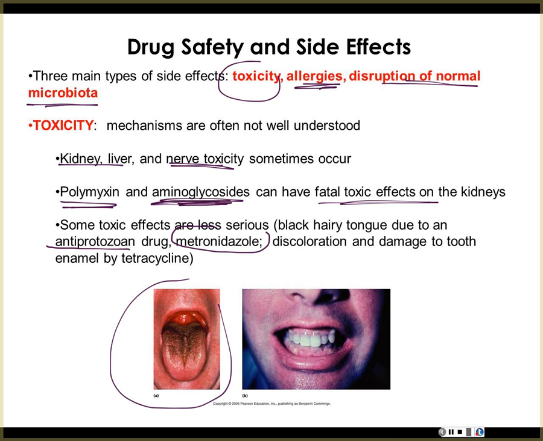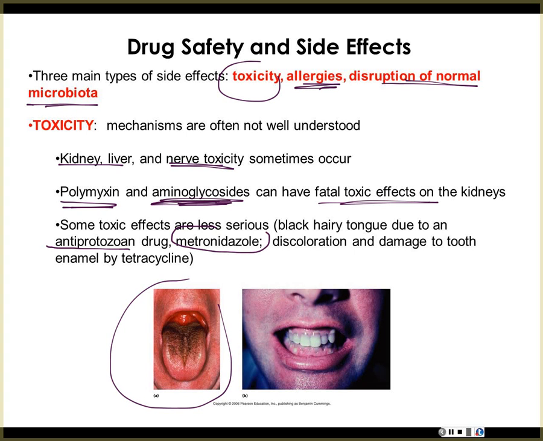And I finally remembered last semester to look up what is causing the black hairy tongue. And what it is, the little bumps on your tongue, those are called the papillae. This drug causes those to increase in size. And then those larger bumps on your tongue start collecting dust and food particles and things like that, and that turns black.